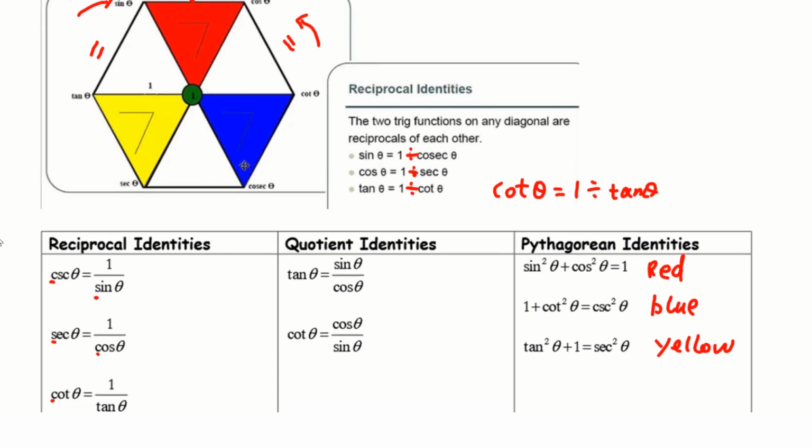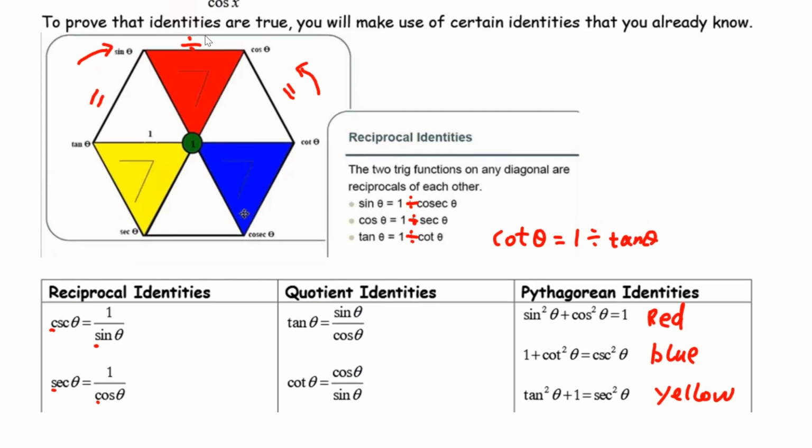So how to use this one? Tangent equals sine divided by cosine. Cotangent equals cosine divided by sine. And the diagonal is reciprocal. The 3 colored triangles represent the Pythagorean identities: the top 2 squared added together equal the bottom 1.